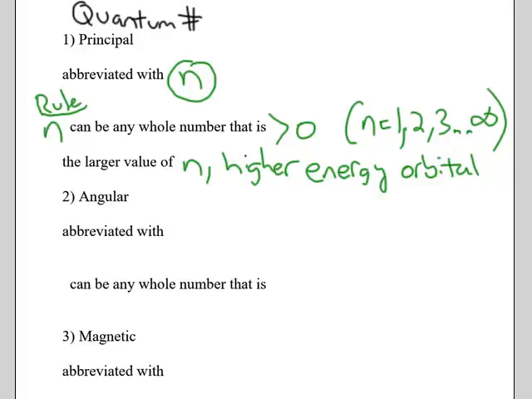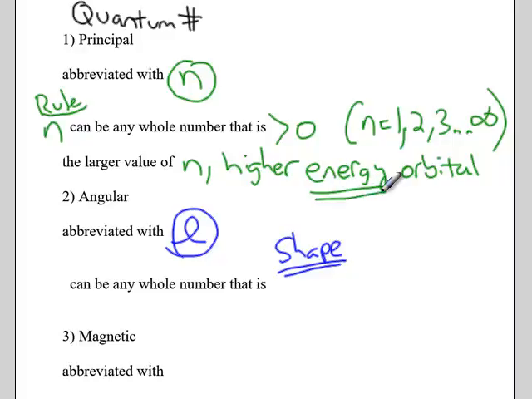The second quantum number is called the angular momentum quantum number, but we're going to abbreviate that with a lowercase l. And it turns out that l tells us something about the shape of the orbital. So quantum number n told us about the energy. Quantum number l is telling us about the shape.